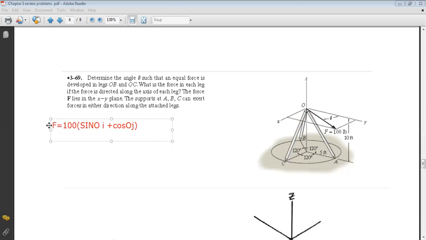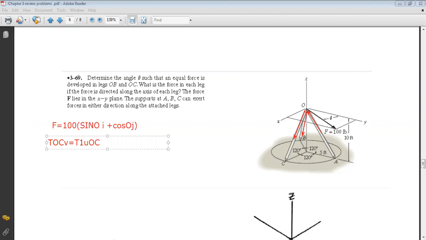Now, for the force in OC, I will put the force again for you to see. So we assume that we have TOC, TOB like this, and TOA like this. Okay? So we write that the TOC vector is equal to, let us call it T1, T1 times the unit vector of OC.